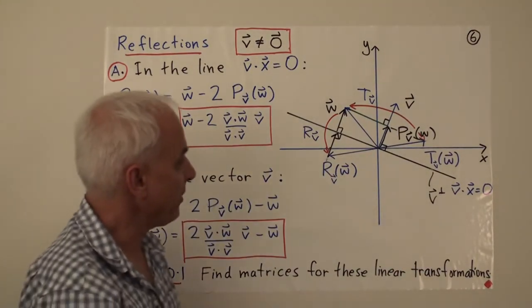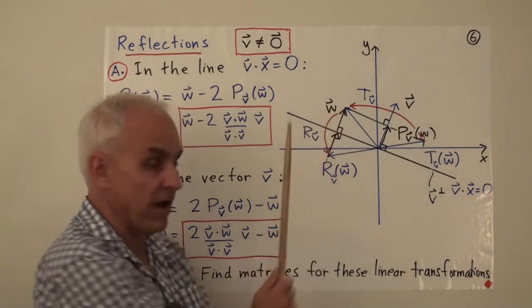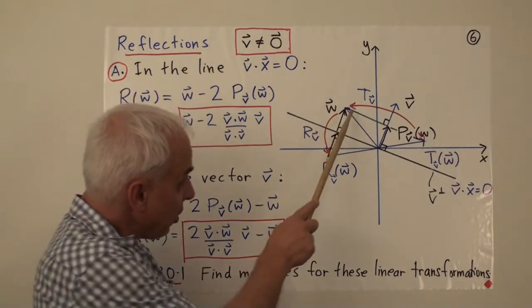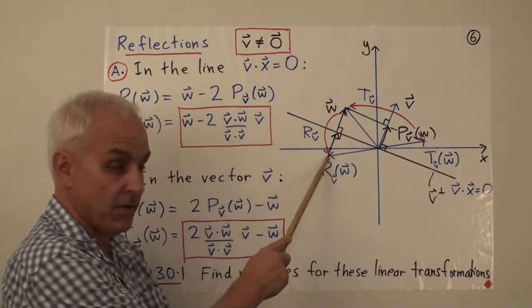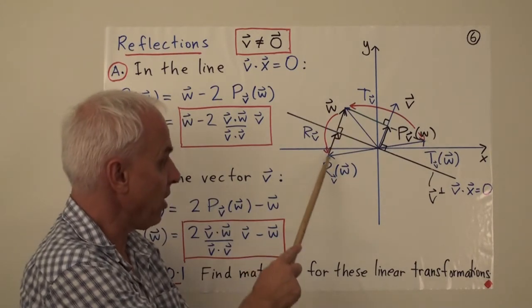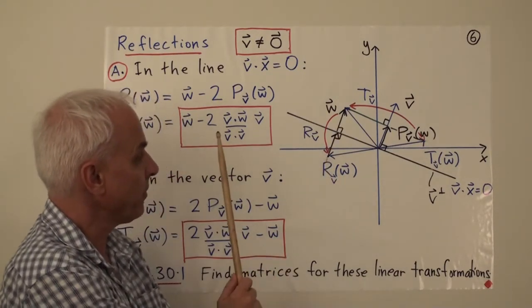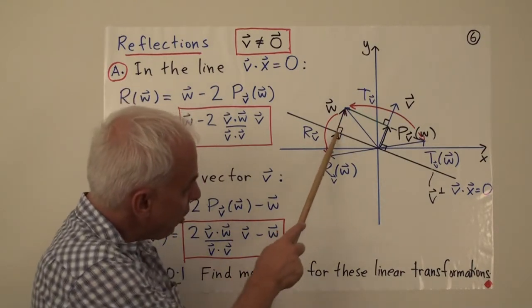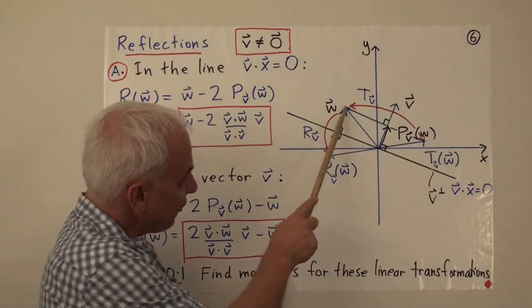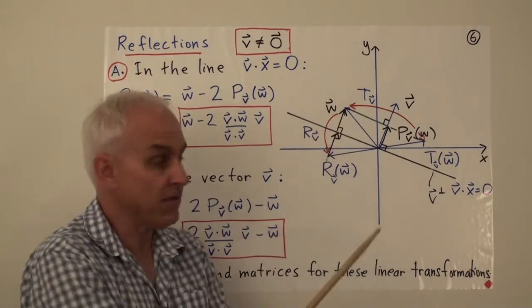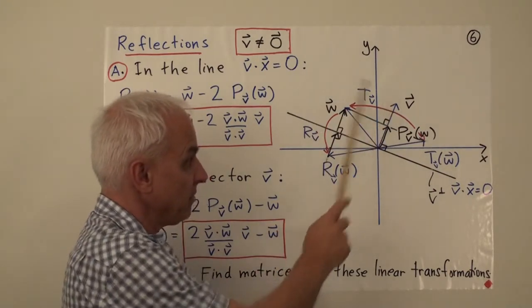Okay, how do we describe that? Let's have a look here. Here's a general vector w. We want to go over here. This is the reflection, say r sub v of w. And how do we know which direction to go? Well, this direction here is really in the direction of v.